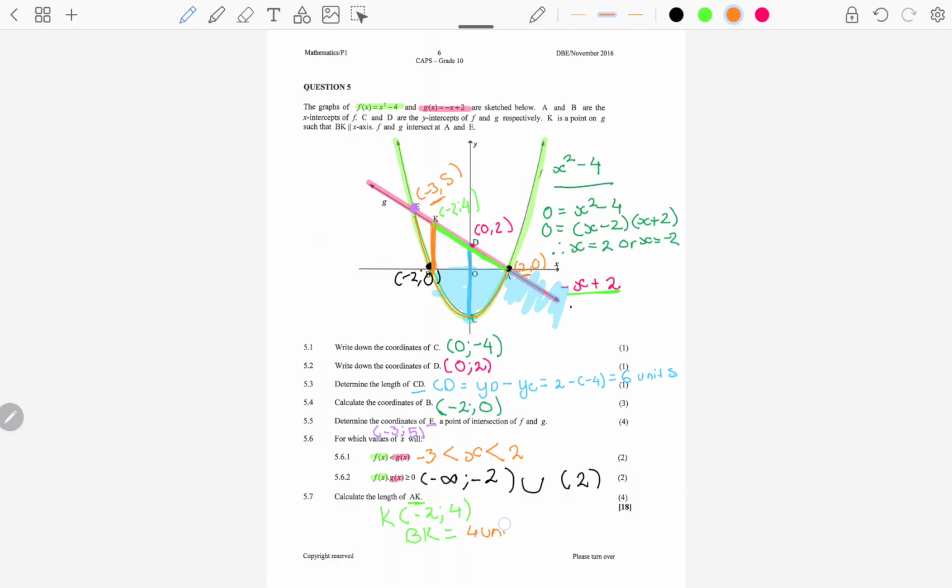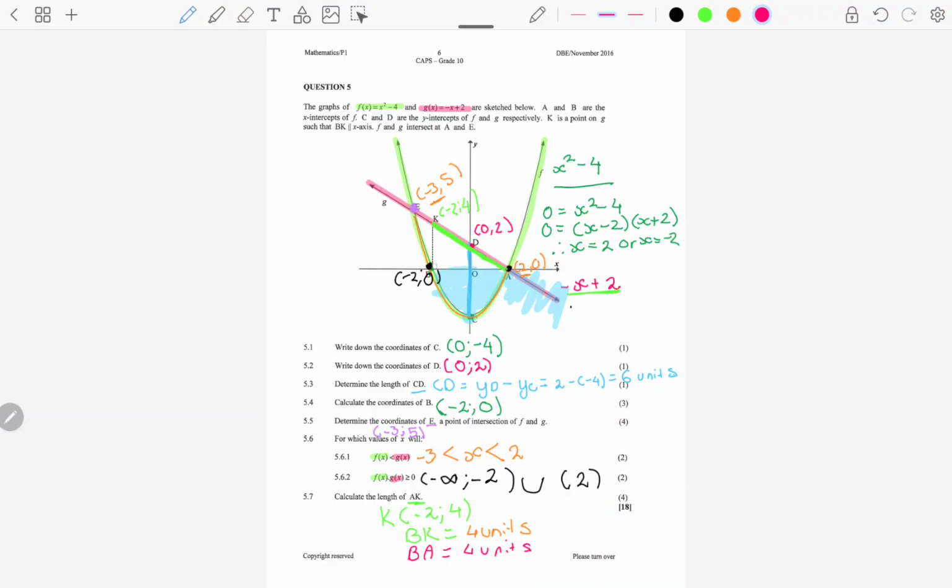So therefore BK is 4 units. The length of BA, which is here, will be 2 minus negative 2, which is 4 units.